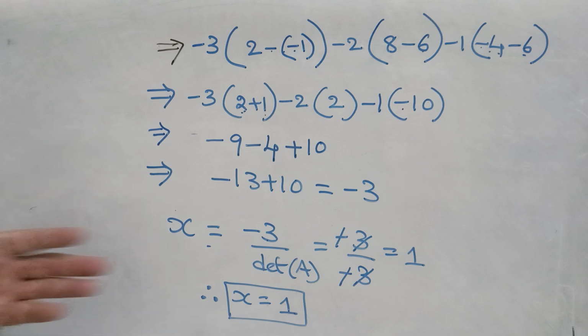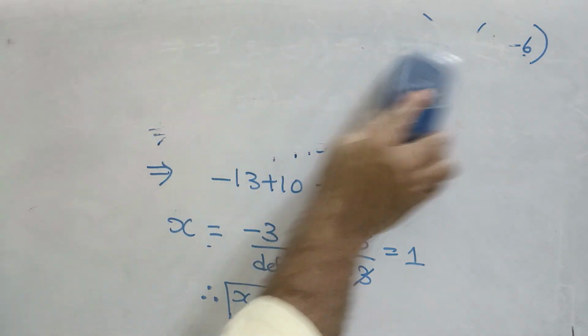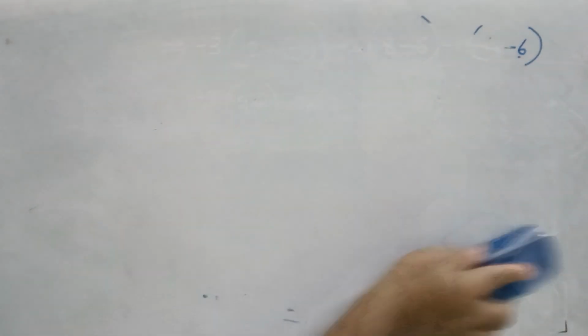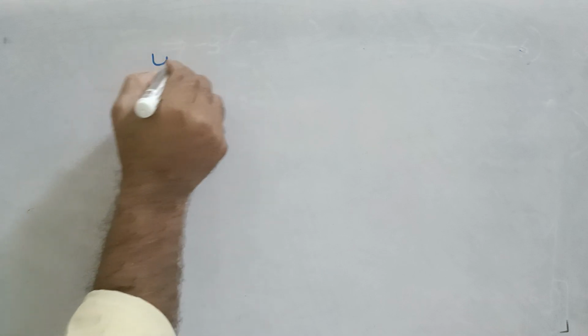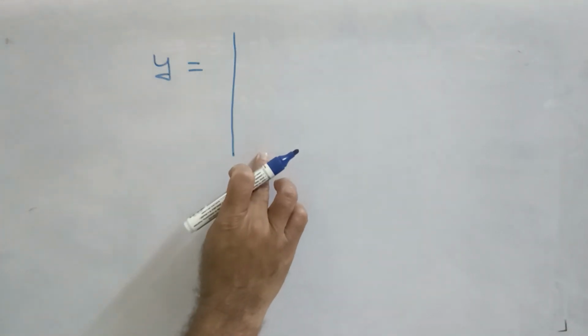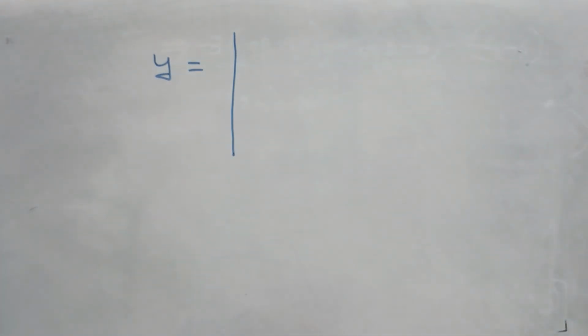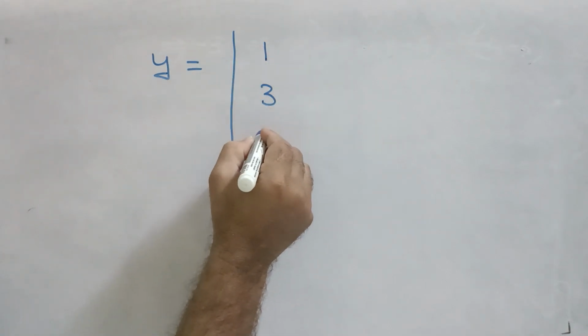And similarly, what is the y? Very simple. For y also in the same fashion, you can do very quickly. For finding y, directly I will write y is equal to the determinant where you have to write the first column as it is in the matrix. What is that actually? 1 3 1.